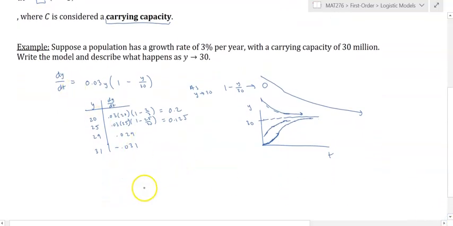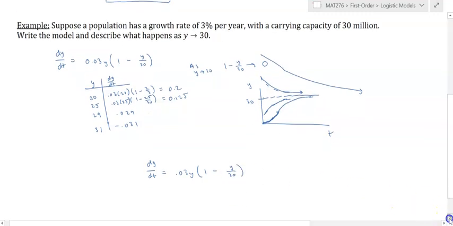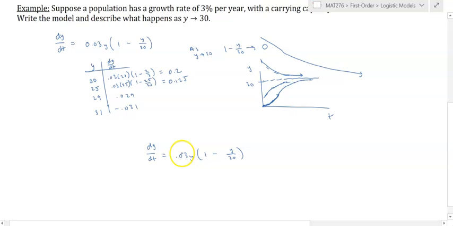So if I were to actually solve this model, dy dt equals 0.03y times 1 minus y over 30, we would still have to treat this whole thing as a function of y multiplied by 1. Okay, this only contains y, so I divide this whole thing over here, 0.03y times 1 minus y over 30.